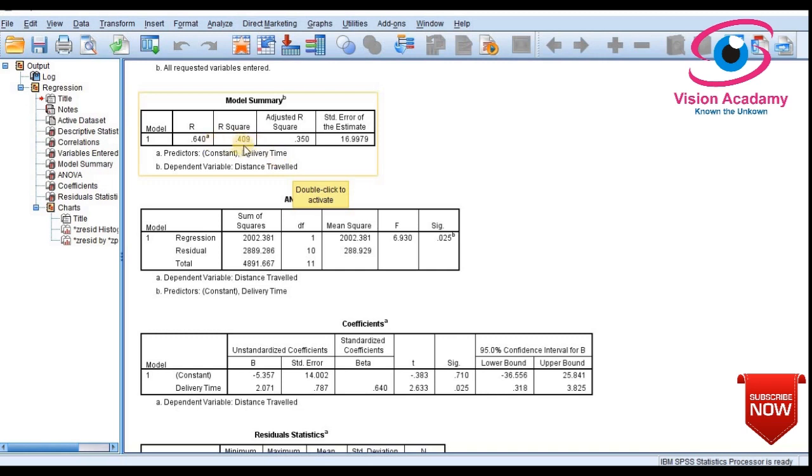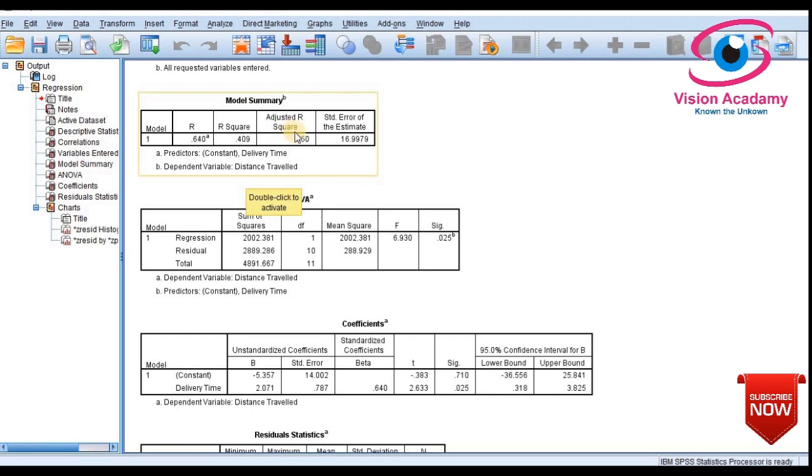Almost 41% of delivery time will be predicted by distance traveled. So R square is 0.409. It means 41% of the distance traveled can affect the delivery time. So you can predict the delivery time from the distance traveled almost 41%.